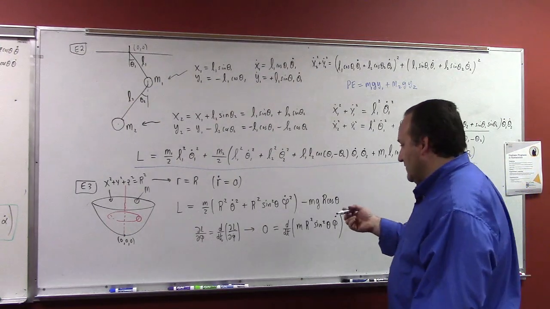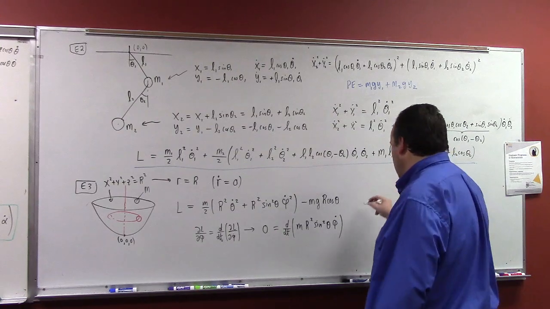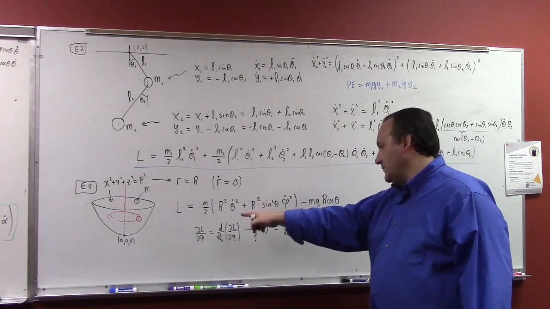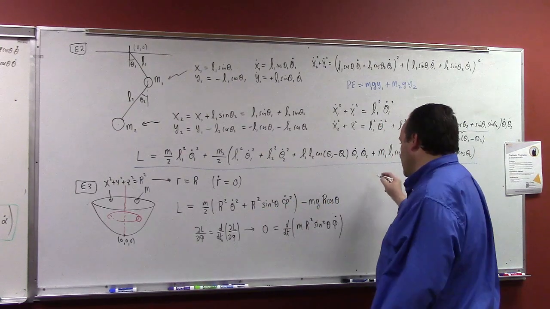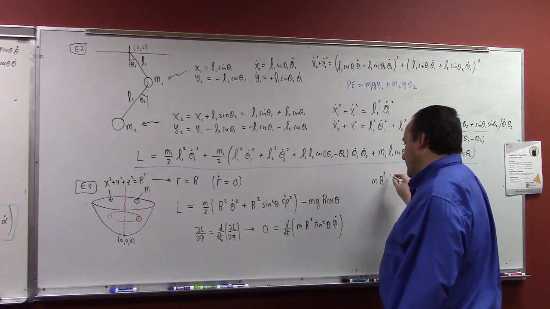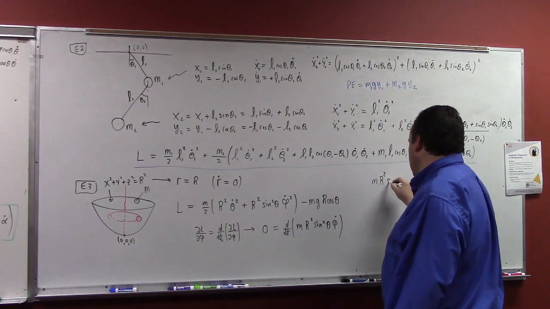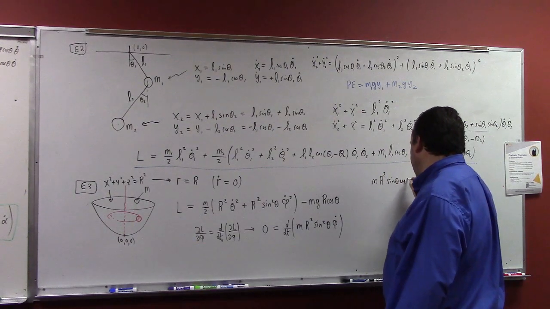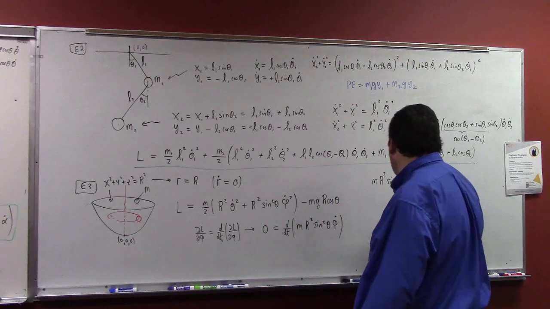And the equation of motion for the theta coordinate is this. So partial L partial theta is m r squared sine theta cosine theta, differentiating this, phi dot squared.